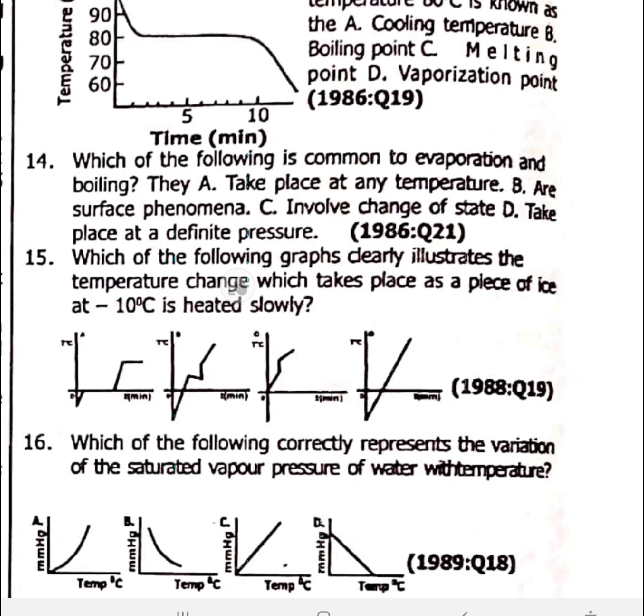Next, evaporation is a change of state below boiling point. Next, wind aids evaporation. The wind helps it. Next, boiling occurs at a specific temperature.